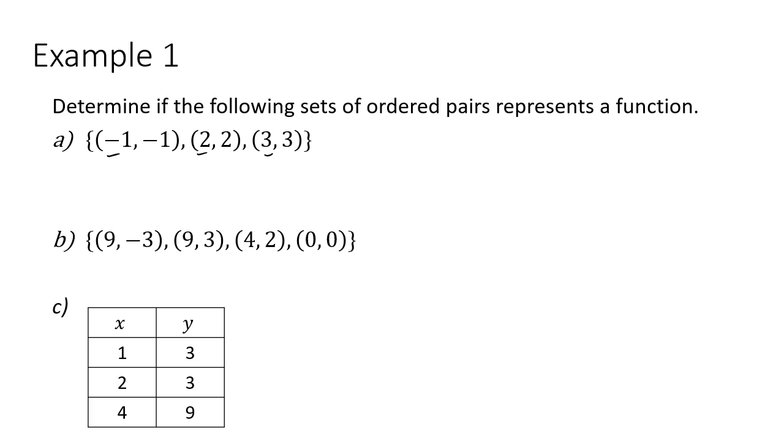This is a function, yes. For part B, on the other hand, you've got an input of 9 giving you two different outputs, -3 and +3. So this does not represent a function. That's no good.